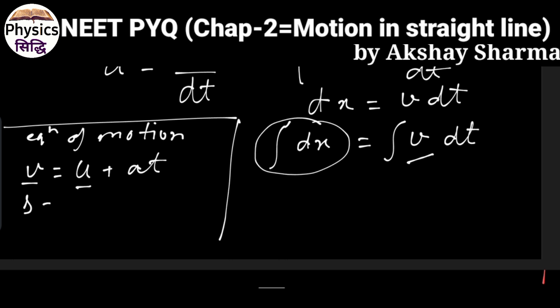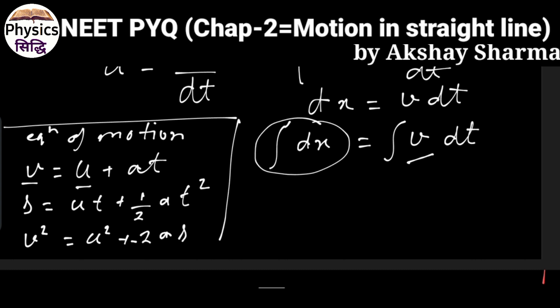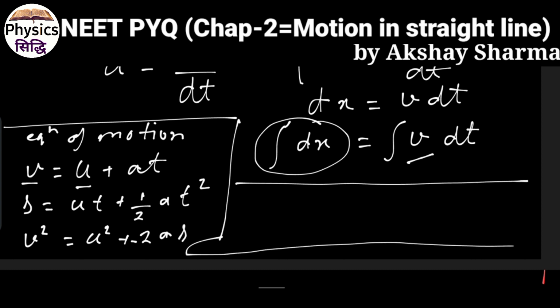Second is displacement s becomes ut plus half at square. And the third one becomes v square equals u square plus 2as. I hope you get my point, that these are formulas you must remember. Must be remembered.